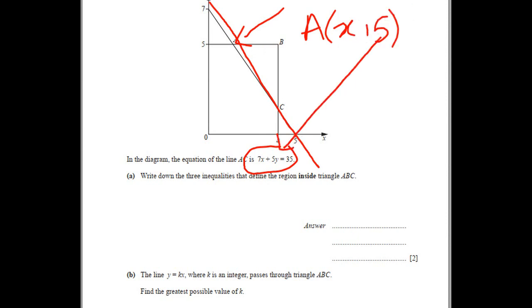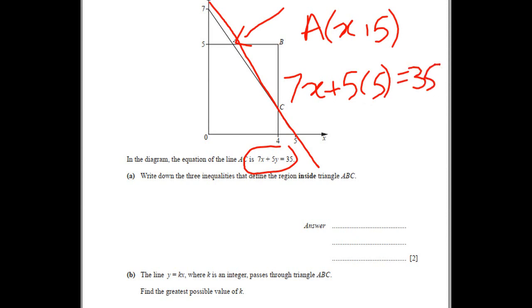So when I substitute y is equal to 5 here, I'll get the value of x, right? So 7 times x plus 5 times 5 is equal to 35. When you rearrange and simplify, you'll get x is equal to 10 over 7.